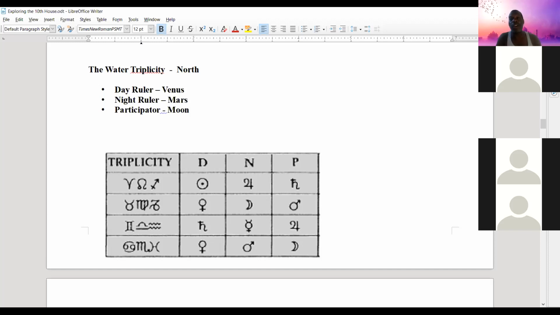Now that you know the first triplicity ruler, we're not looking at the planet who rules the sign. If your moon's in Aries, we're not looking for Mars. We're looking for the three planets who rule the fire element, which is the triplicity to which Aries belongs.